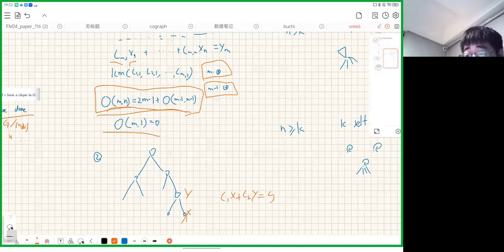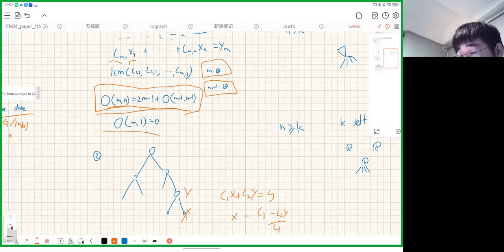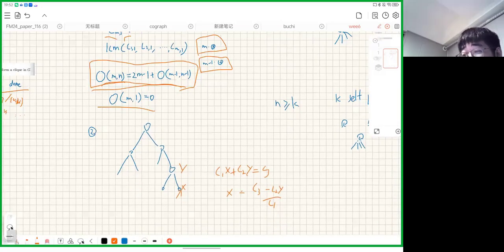It means that we can use y to represent the value of x. So basically x equals (c3 minus c2 y) over c1. Then rewrite the rest of the system and remove this variable altogether.